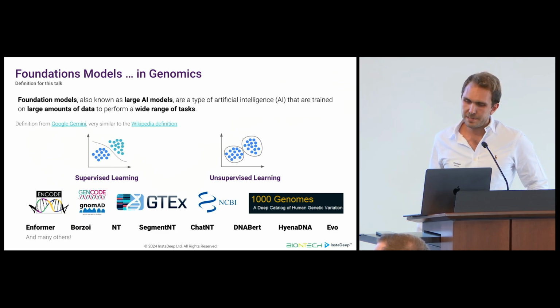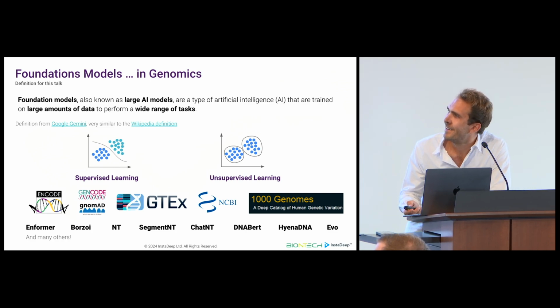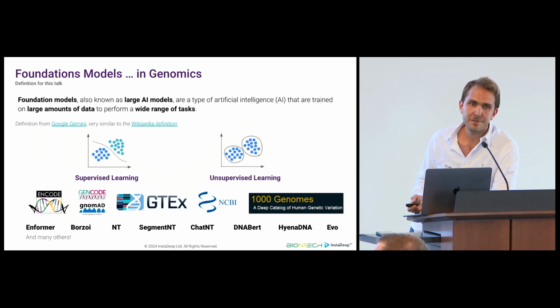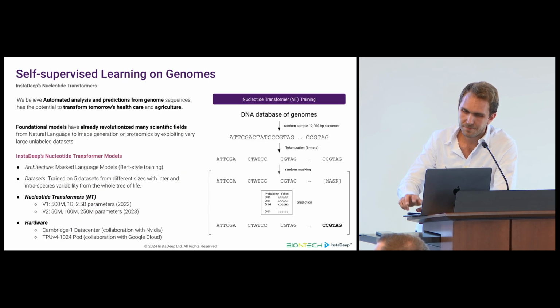Obviously, the list is much, much longer than that, as the field is growing a lot right now. And in our group, the question we're asking is, how can we use all of this data, and even more, to build models that eventually one day will maybe teach us new things about biology.